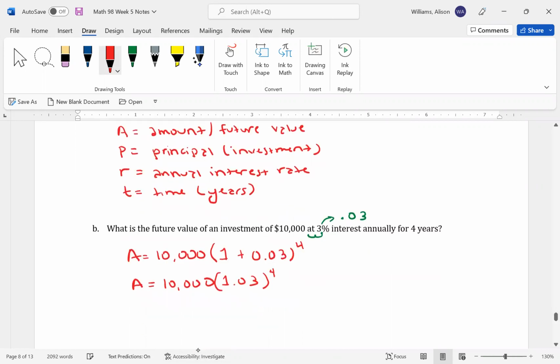In your calculator, you put 1.03, hit the exponent button, and then do 4, and then enter. And you should get a horrible decimal. I'll write down what I've got. I ended up with 1.125508881. That's what my calculator gave me. Maybe it gave me more or less than your calculator, but there you go.